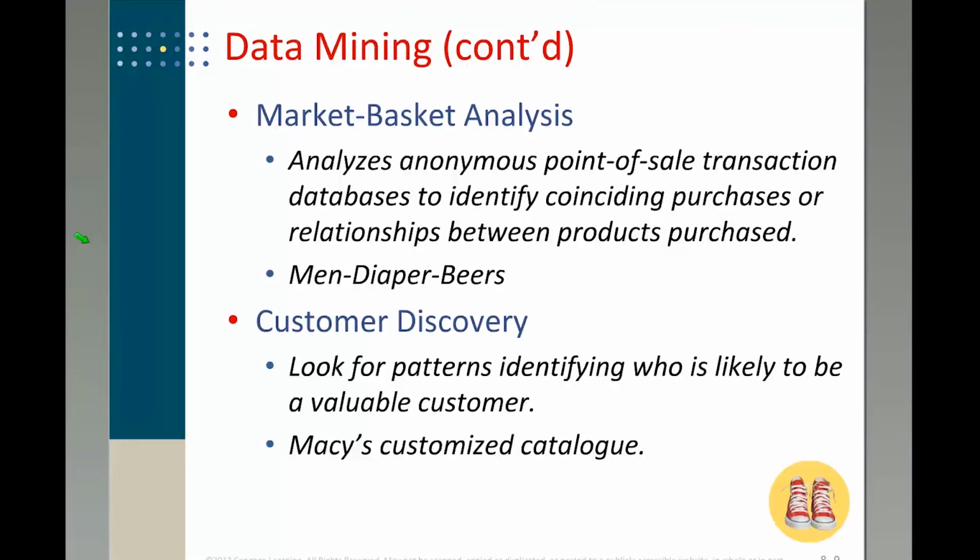They find coinciding purchases or relationships between products purchased, and this will help those supermarkets to better organize their store. And actually, if you go to some stores, you might find that diapers are placed closer to the beers. And that is a result of the research conducted here.